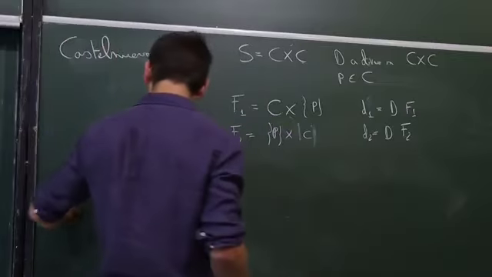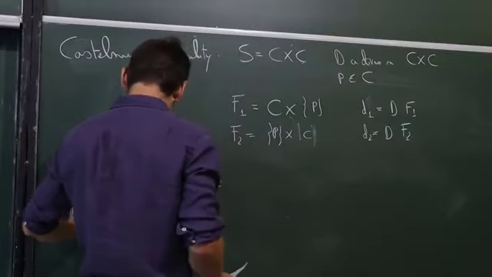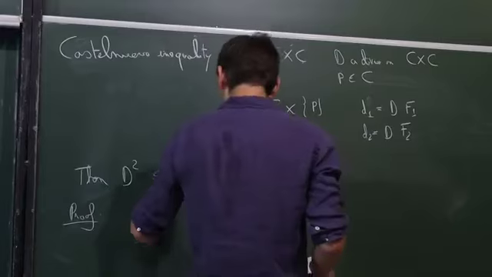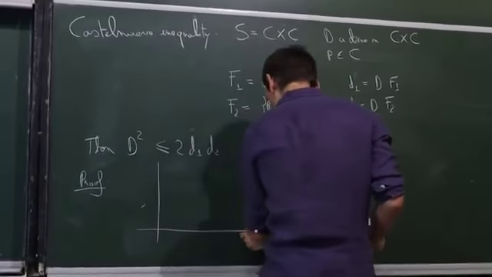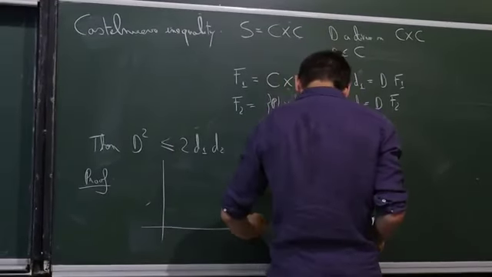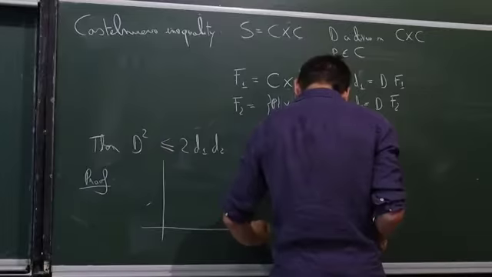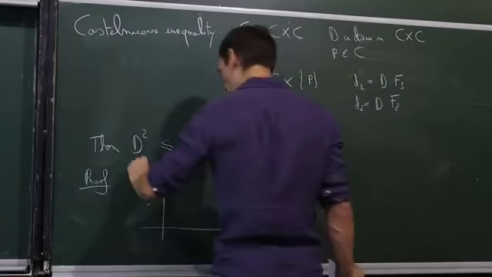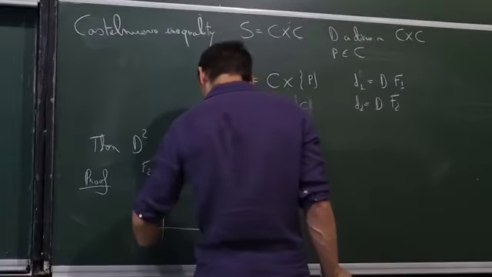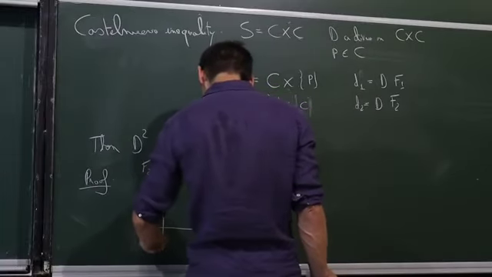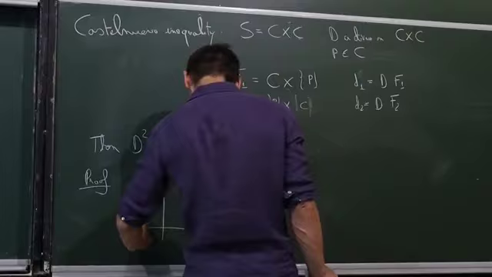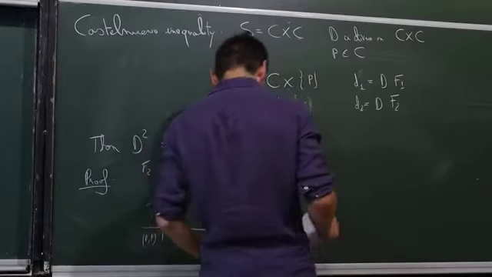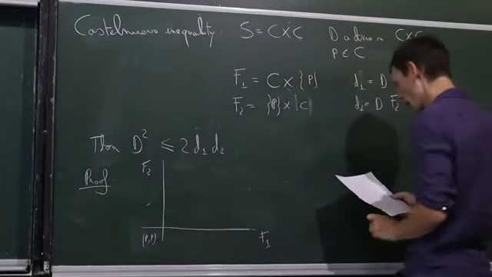Here, you have two copies of C. So this is a copy F1, and this is the copy F2, and obviously this is going to be the point with coordinate PP.